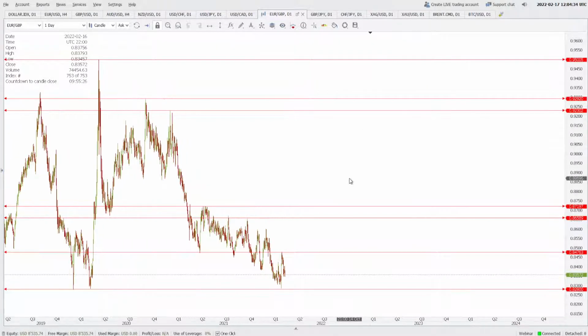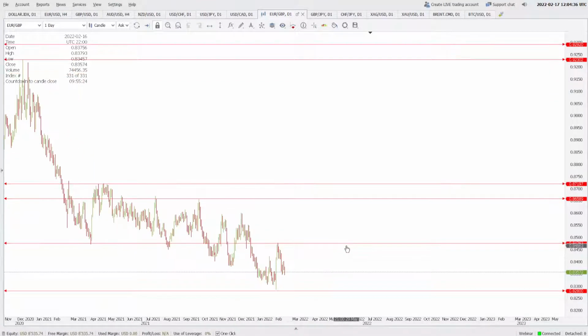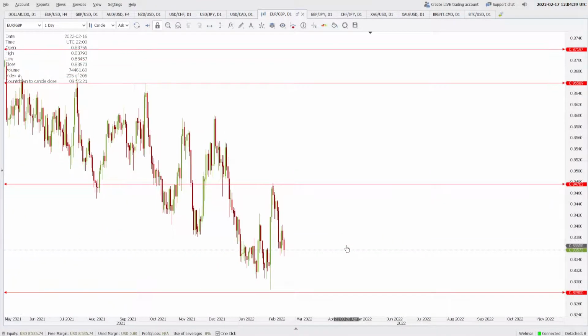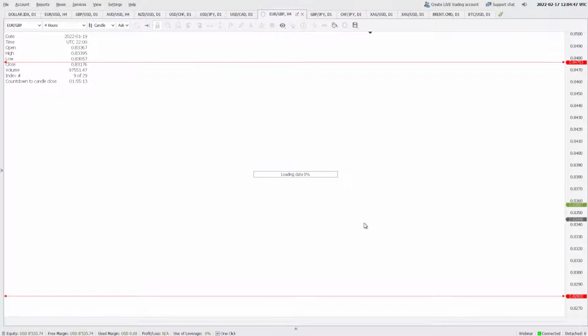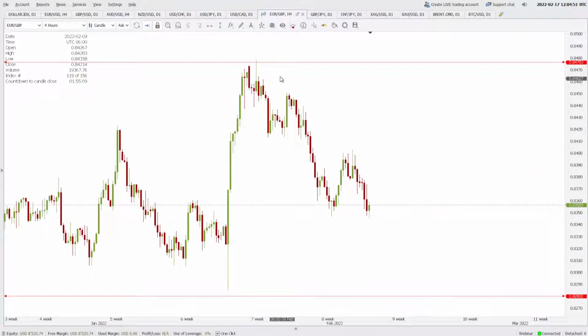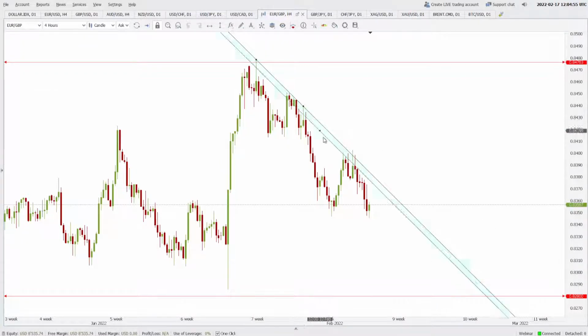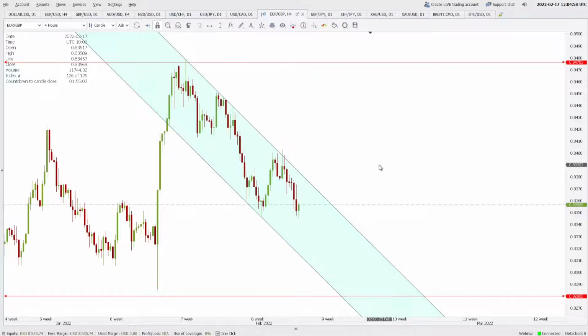So my recommendation is that you keep an eye on this area of 0.8280, or otherwise you can draw a 4-hour channel here in the downward direction, and whenever the price breaks it to the upward direction, you should look for a buying opportunity. I hope you got my idea. So now the price is going like this.